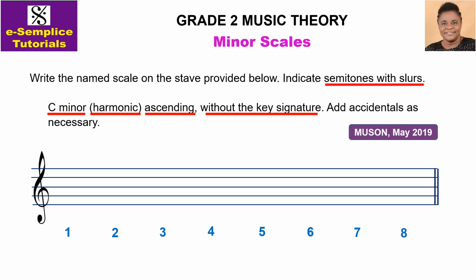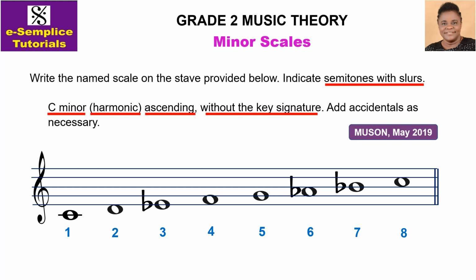And then my first note will be on C. I'm ascending, so I will ascend till I get to another C. Now I'm at the upper C. I need to first add the key signature accidentals of C minor, and that is B flat, E flat, and A flat.